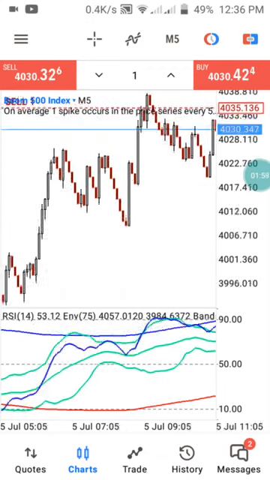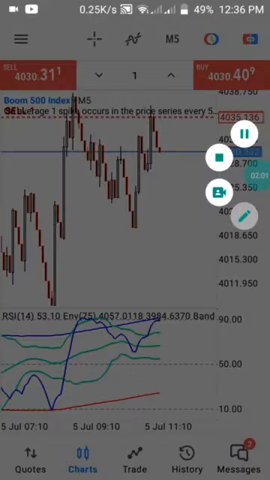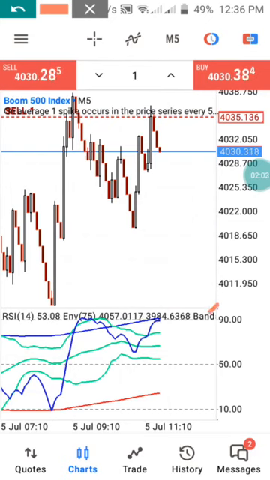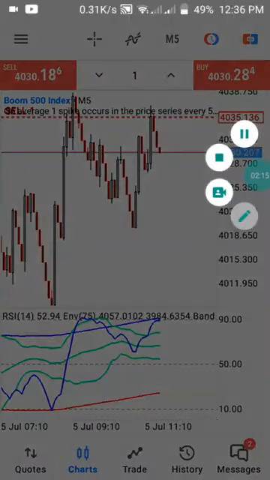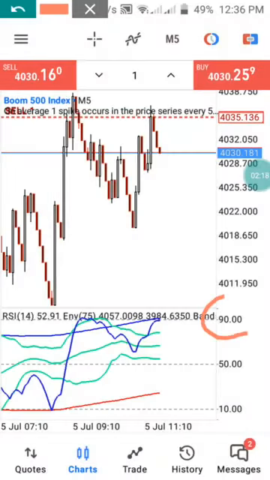So guys, what you need to do when trading this particular strategy is to make use of your 90 level and also your 10 level. If you are using this strategy to catch a sell entry on Boom 500, then you need to wait for this confirmation to reach your 90 level. Anytime it's crossing like what we are seeing at this area, when the first red line, which is the moving average, crosses over our envelope, this will be the right time for you to enter this trade.